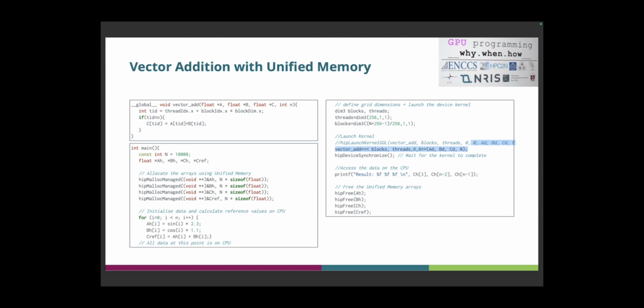Now, if we want to check the results of this addition, we can just use, for example, a CPU call, so we do printf. But because the data is on the GPU, of course, there's going to be another transfer, another migration. The data from the GPU has to go back to the CPU.